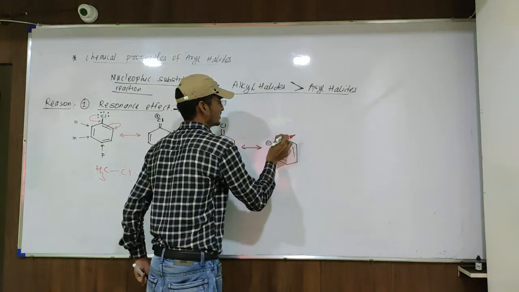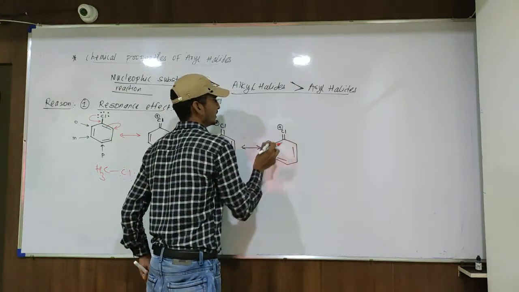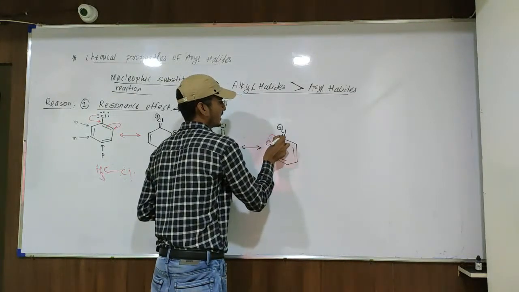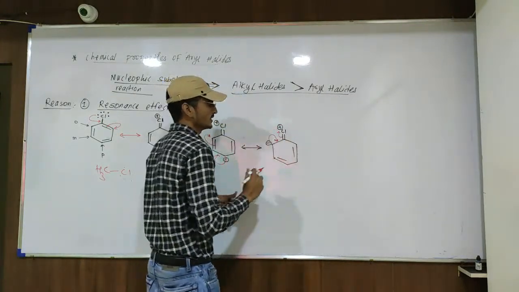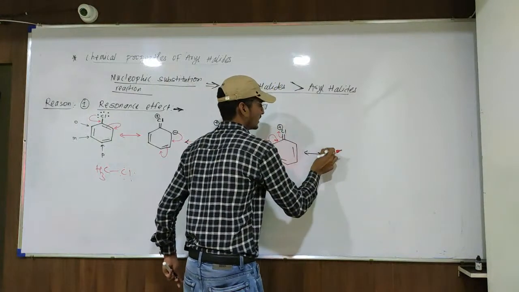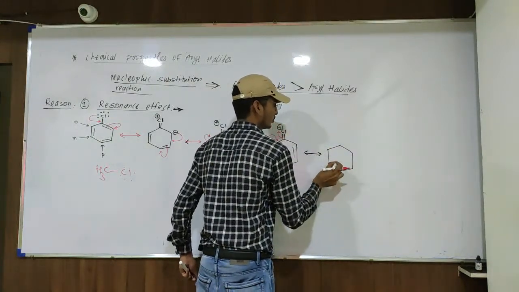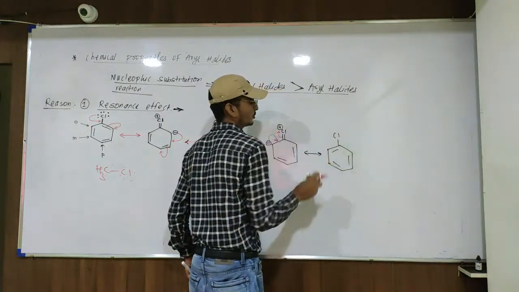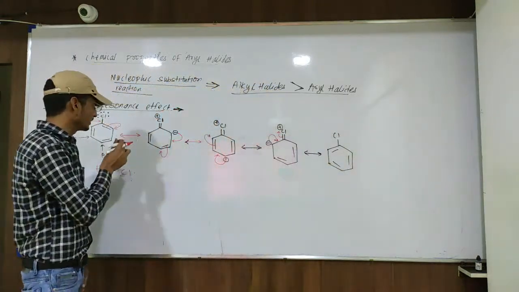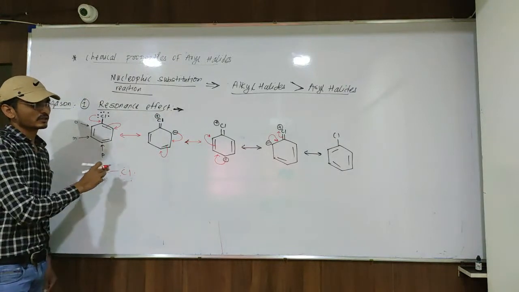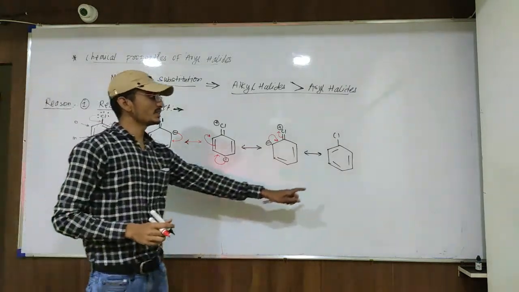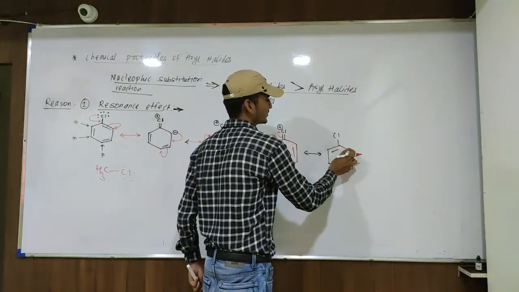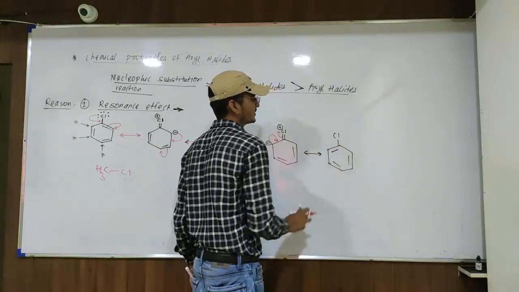Here there is a negative charge, here Cl is positive, and in the last case that negative charge shifts here, and the charge on the Cl gets neutralized, and you will get chlorobenzene again. But there is only a change in the position of the pi electrons. So see the first and last structure. Only the position of the pi electrons changes; the sigma bonds remain as they are.